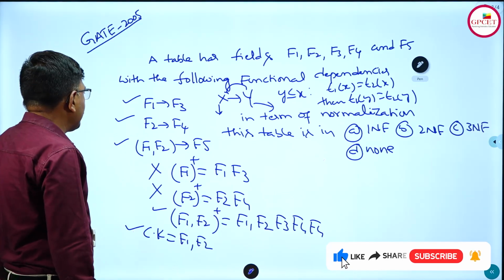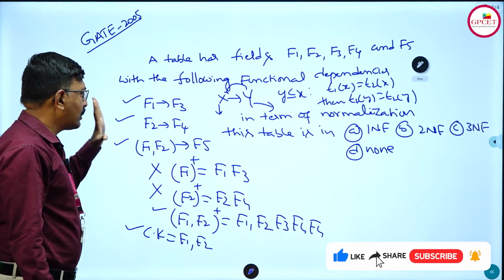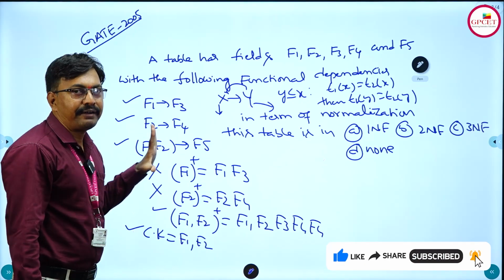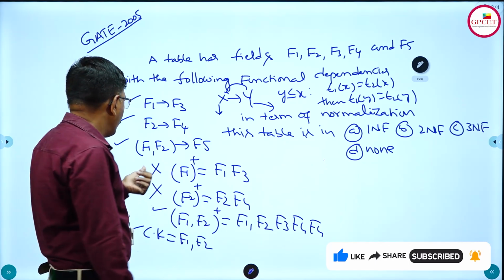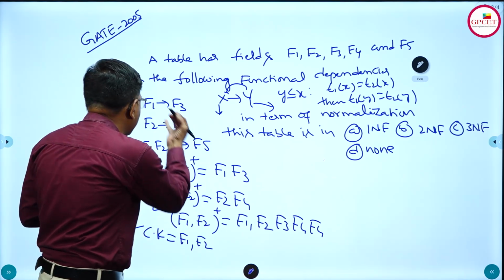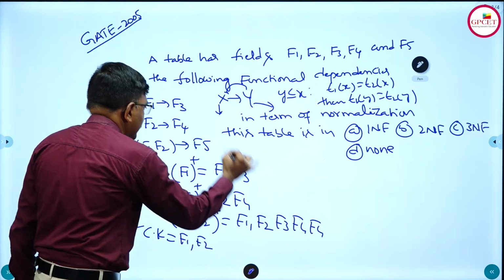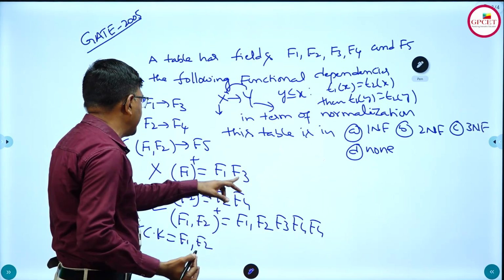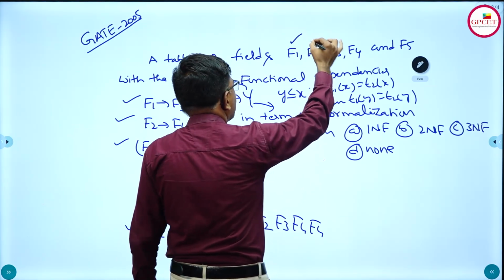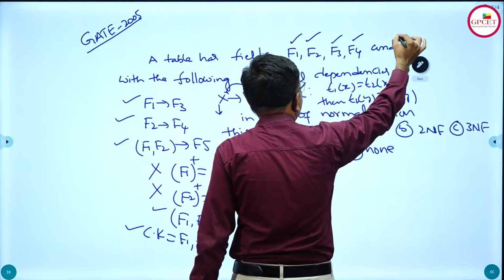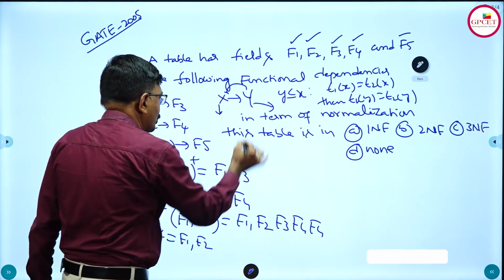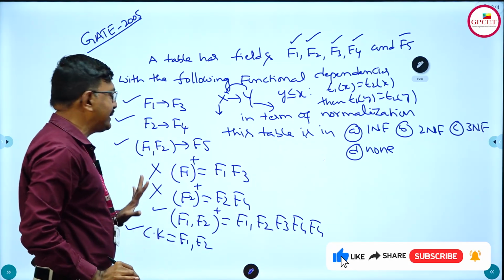Now I think you are familiar that based on the closure, we can easily find out the candidate keys. What is the F1 closure? F1 derives F3, so we only get F1, F3, but the actual original attributes are F1, F2, F3, F4 and F5. We can't get them, that's why F1 is not a candidate key.